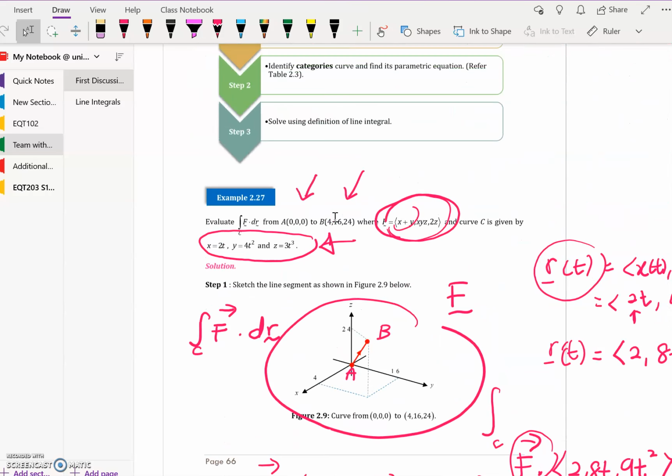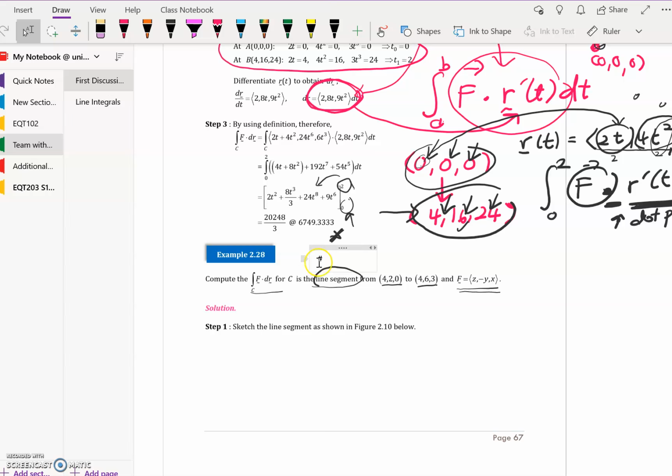The previous question gave you the specific r, what the x, y, and z are, in order to get the parametric equation. But for this one, the question does not mention what your x, y, and z are. But this question already tells you that you have a line segment.